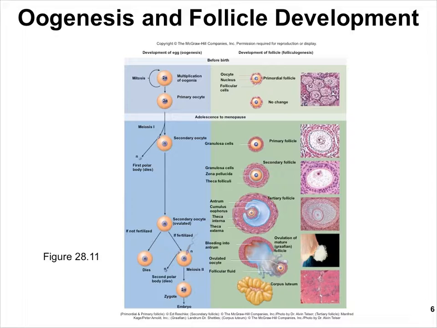Before birth, you start off with some follicular cells that begin to surround the oocyte as well. These follicular cells are support cells, and at this stage, the entire structure is called a primordial follicle. All right? And that's the primary oocyte surrounded by some follicular cells.